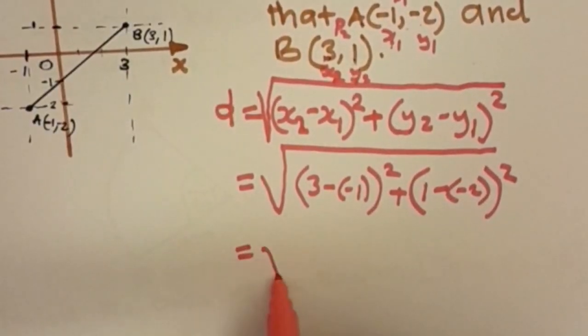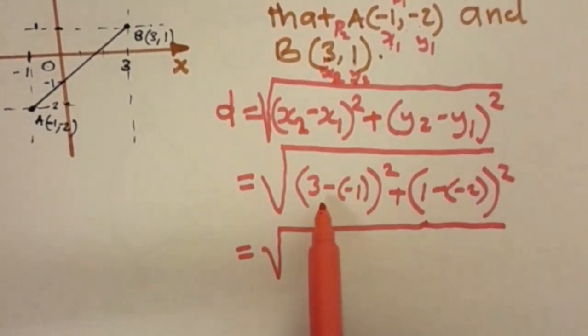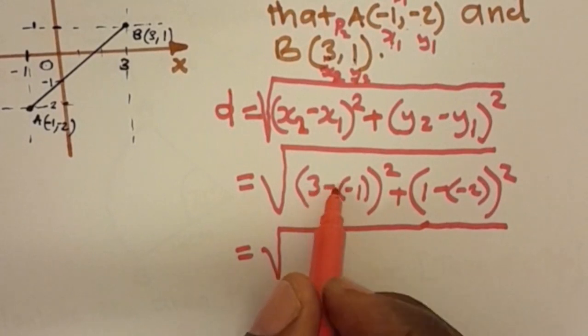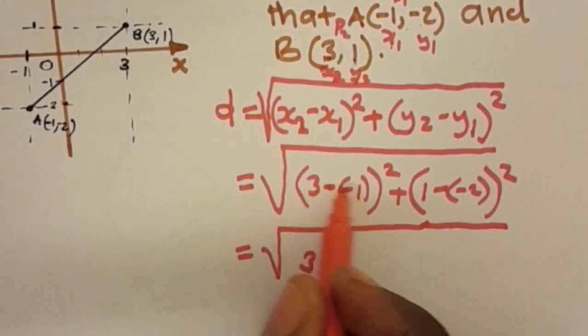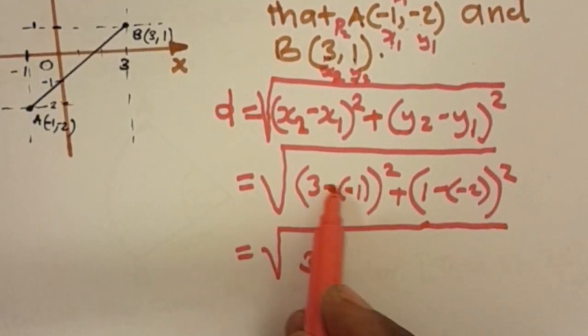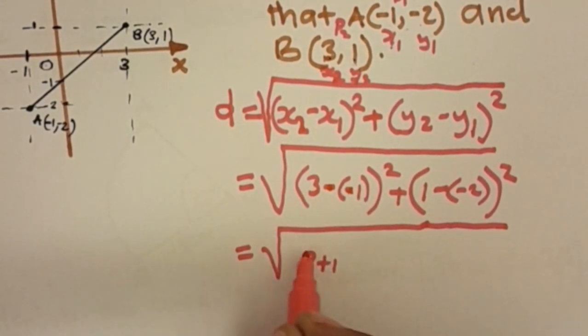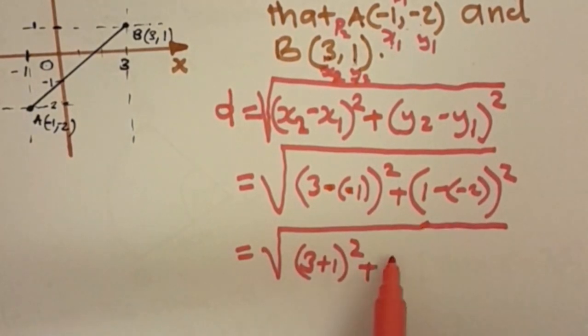So now we can simplify what is in the square root symbol. So we have 3, minus a negative. When you have a negative and a negative number like this, they are multiplying. So negative times negative will be positive, times 1 will be positive 1, like this, plus it's the same here.